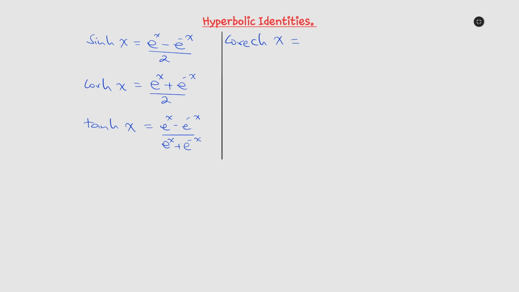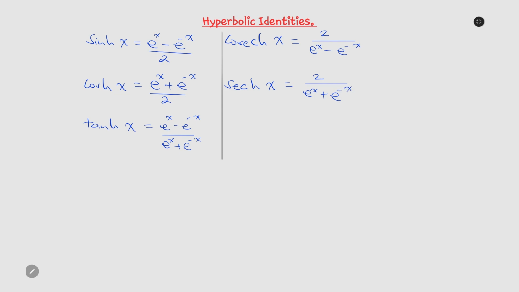So this will be the reciprocal of sinh x, therefore it will be 2 over exponential x minus exponential negative x. Consequently, 1 over cosh x will be sech x, written as such, which will be 2 over exponential x plus exponential negative x.